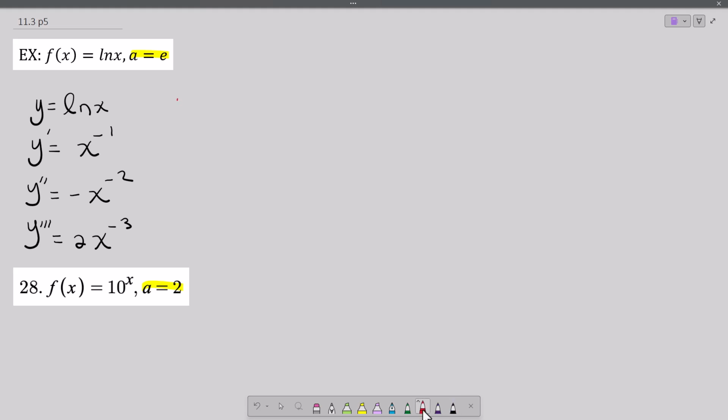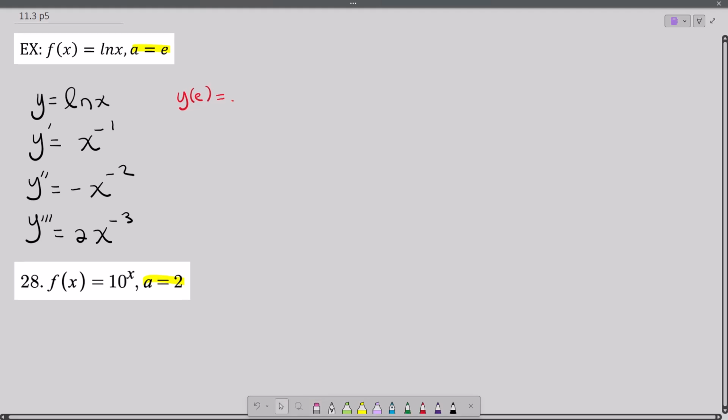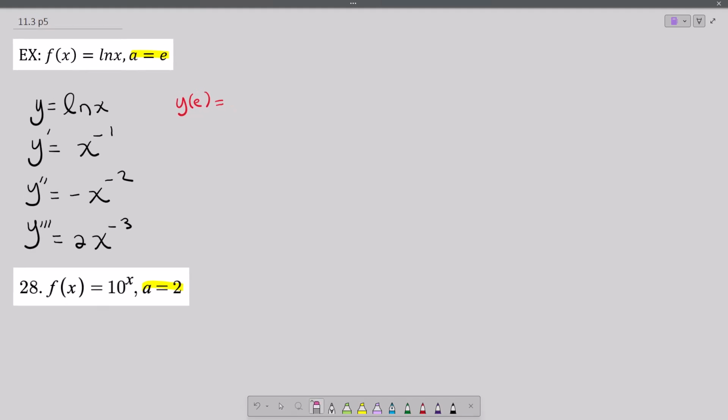Next step, we evaluate at the center. And what's natural log of e? Natural log of e is 1.